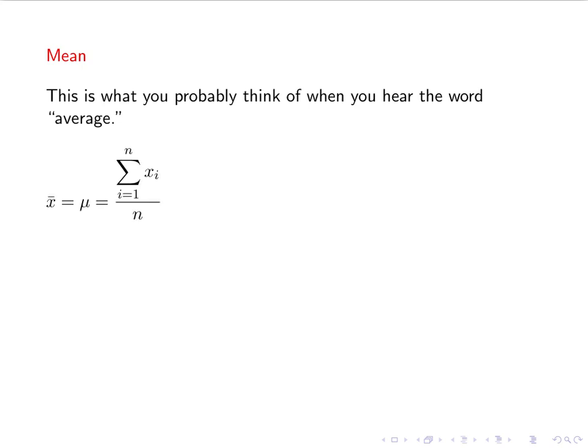But the mean is either denoted by x bar or by the Greek letter mu, and it technically depends on if it's the average of everything or the average of a sample, but we're just going to use x bar to simplify things. In this formula, n is the number of values in the data set.